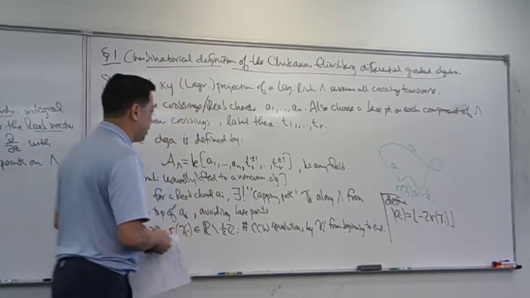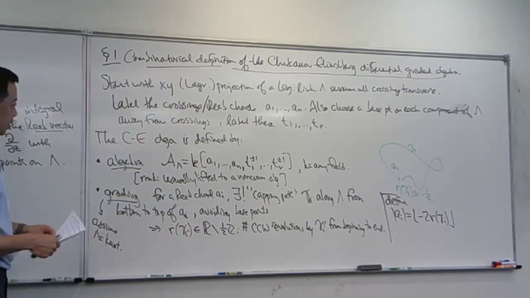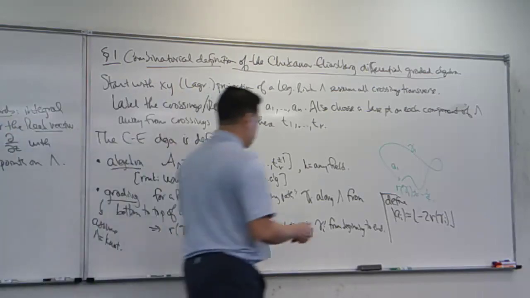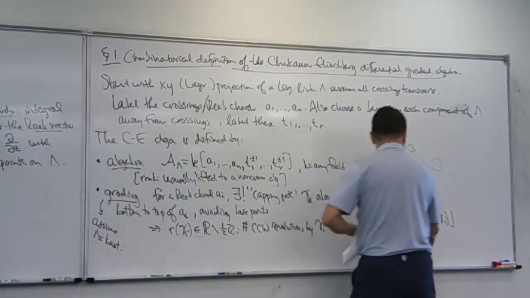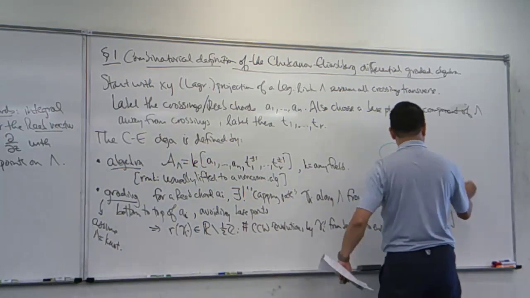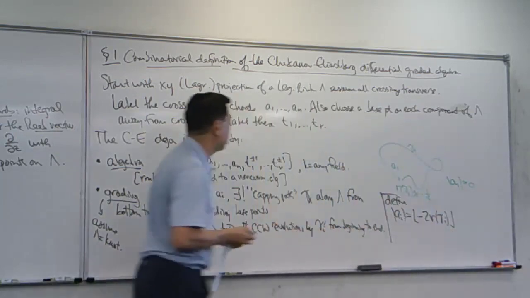That looks a little bit weird, but to me this seems like a pretty nice general way to define this. So in this case, for instance, the grading of A1 is 0.